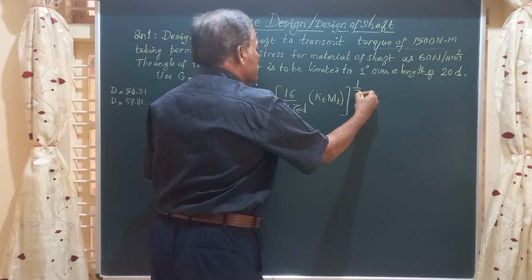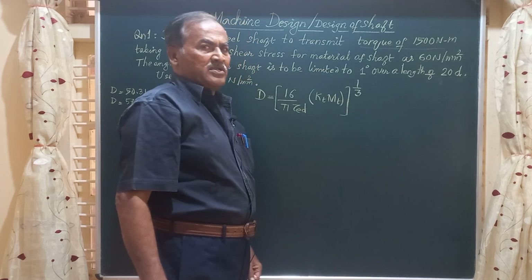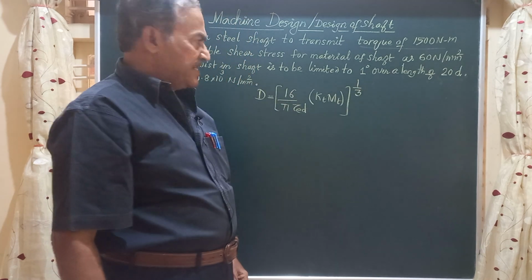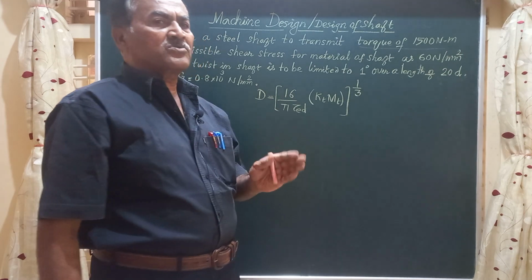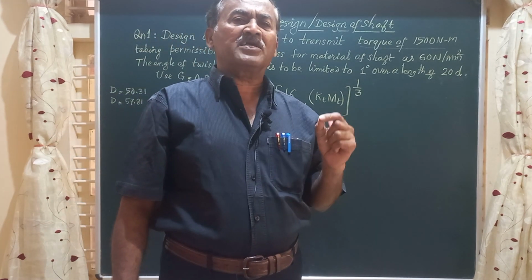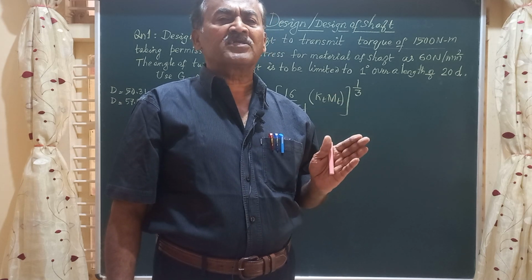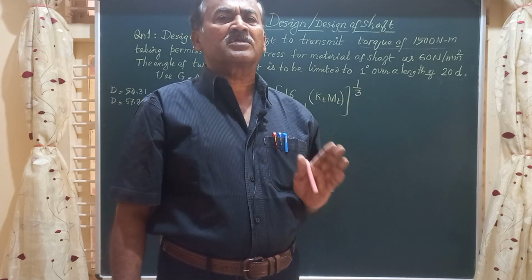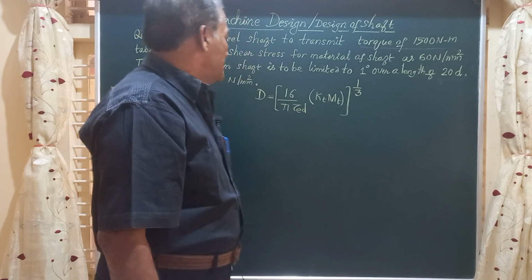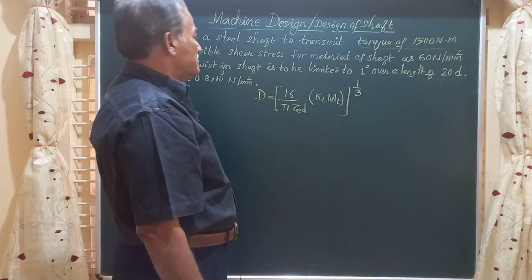Friends, this equation is available in the machine design data handbook. So once you select the proper equation from the data handbook, 25% of the solution for the question you get. Now friends, let's see what these terms are.